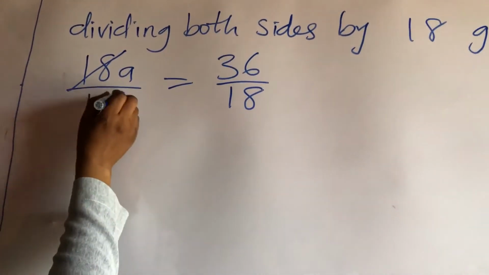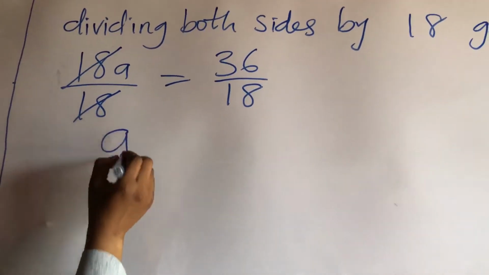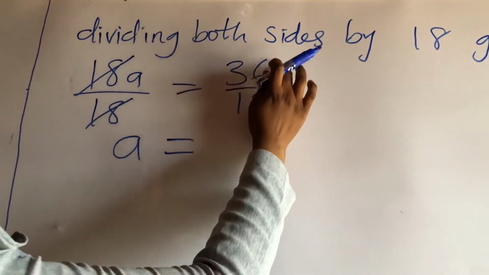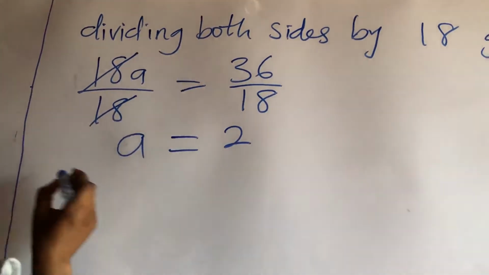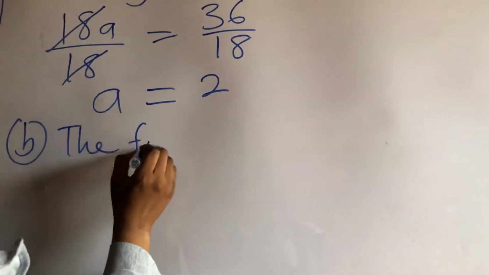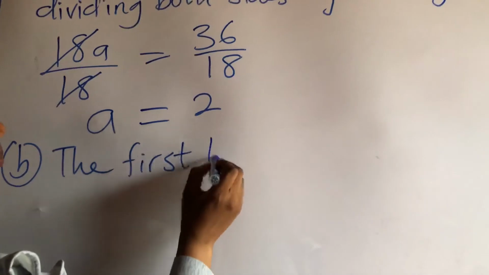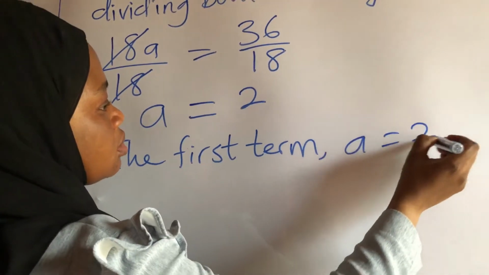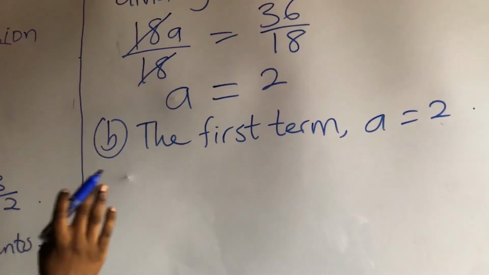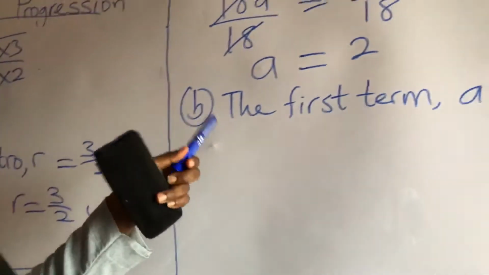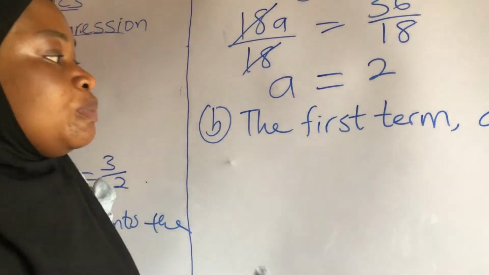So 18 cancels 18, and we are left with A is equal to how many 18 can we get in 36? 2. So B, the first term A, is equal to 2. So we got the common ratio to be equal to 3/2, and we got the first term A to be equal to 2.